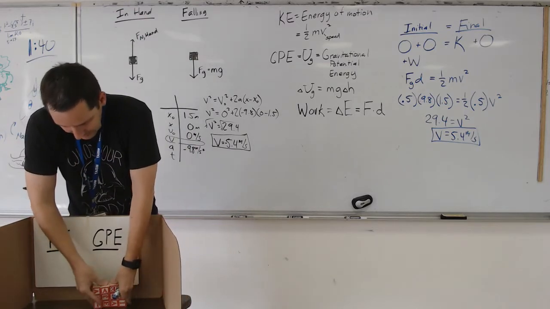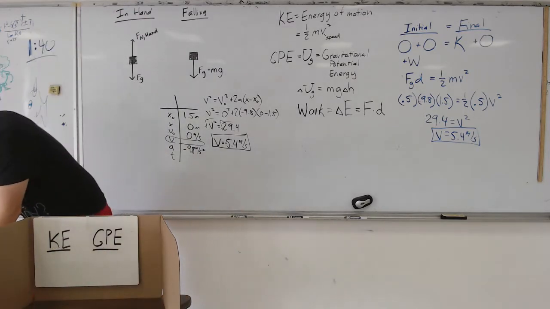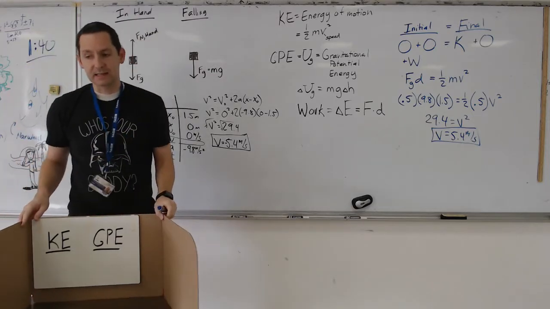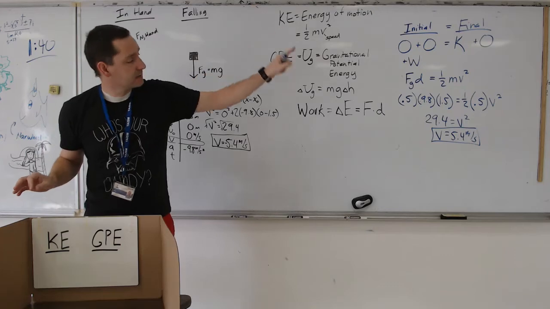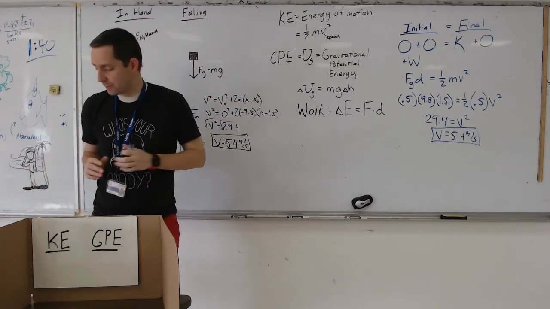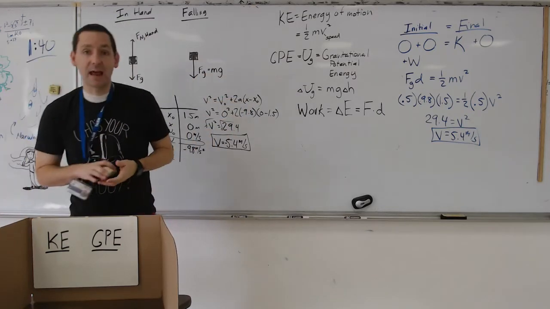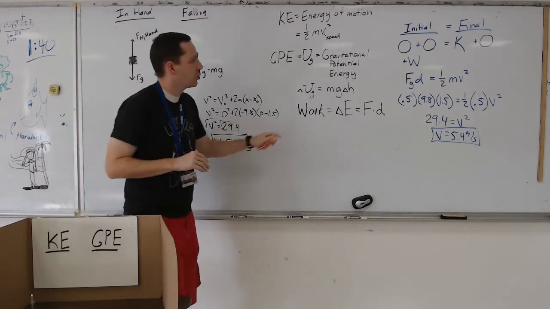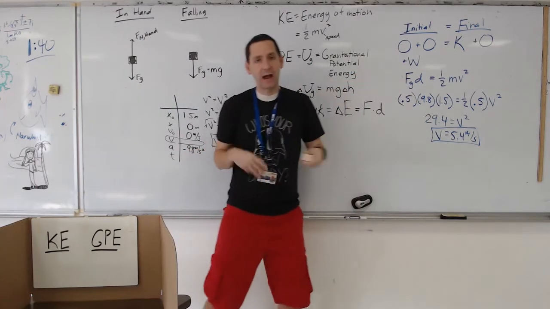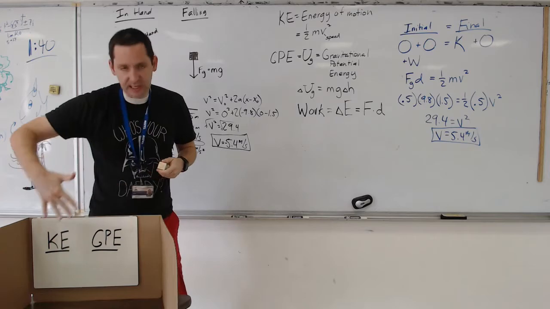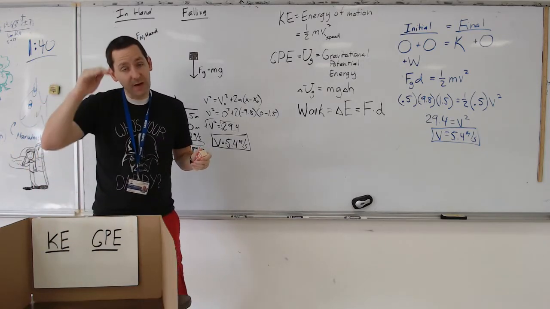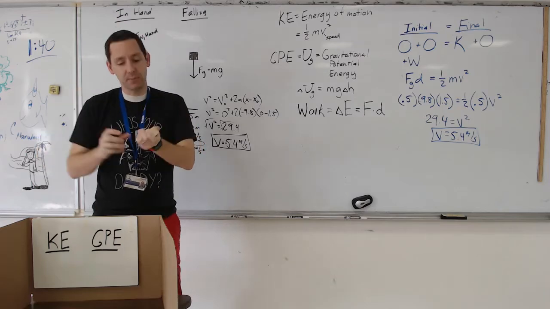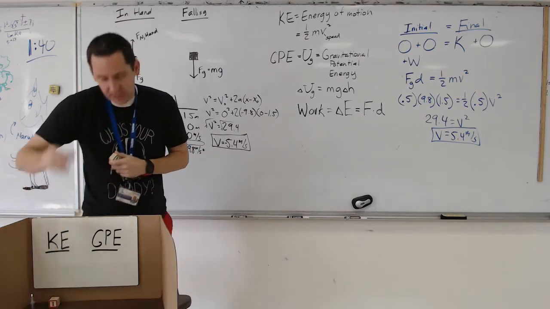Okay, so in the beginning, we said that Chewbacca had zero energy, right? He had zero kinetic energy and zero gravitational potential energy. And then we said that as he falls, gravity was doing work. So as time progressed, this is our energy table right here. Initially he had zero energy, but as he fell, gravity was giving him energy. So then he had a little bit of kinetic energy, right?